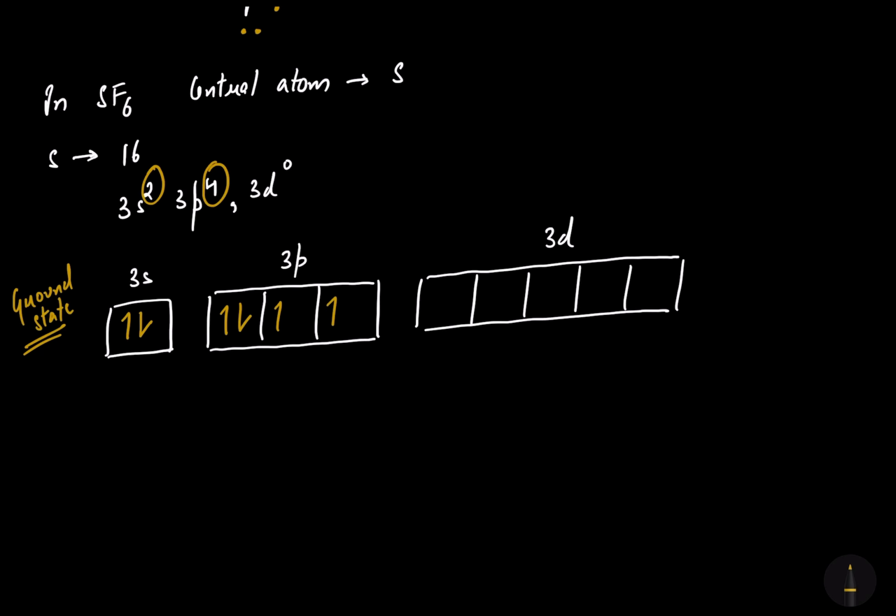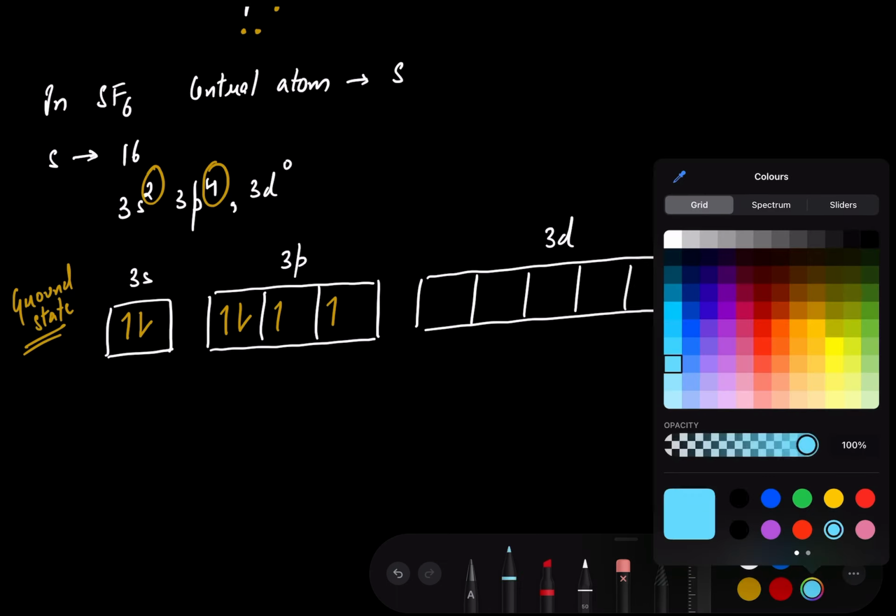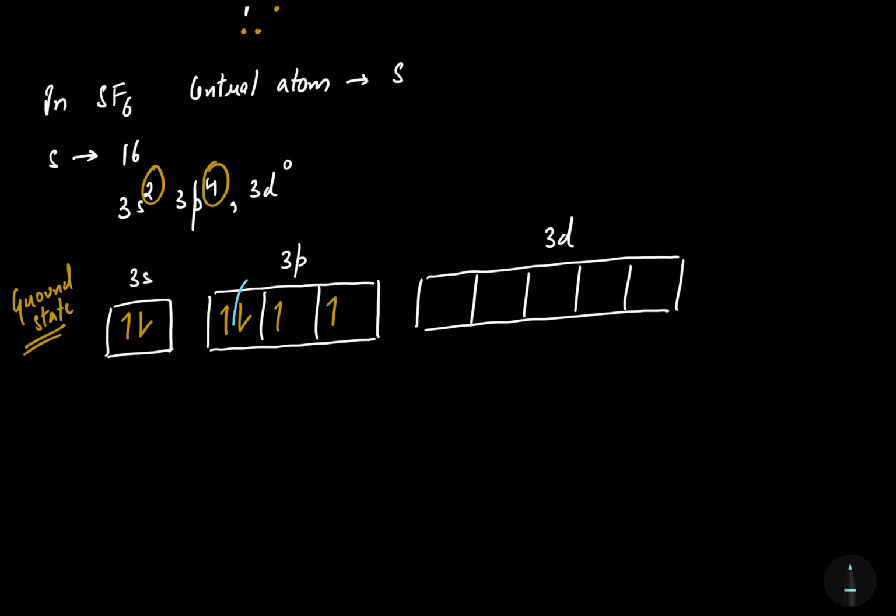So for the availability of the 6 orbitals containing 1 electron, the electrons from the 3p and the 3s will be excited to the 3d subshell. So the electron from 3p which got paired up will be excited from 3p to the 3d orbital, and an electron from 3s will be excited from 3s to the 3d orbital.